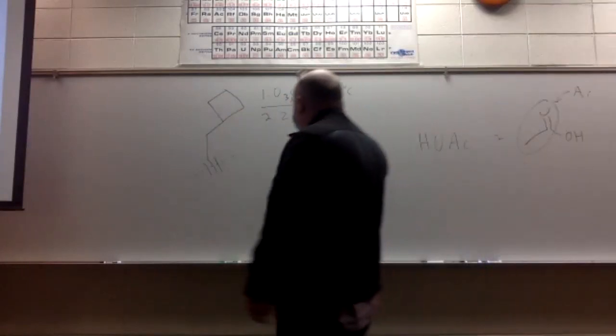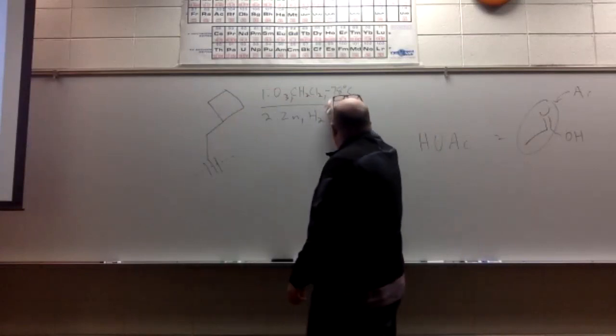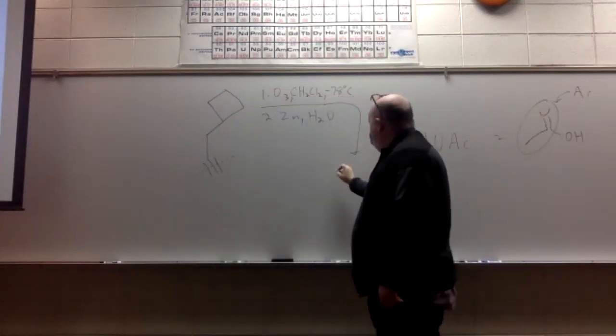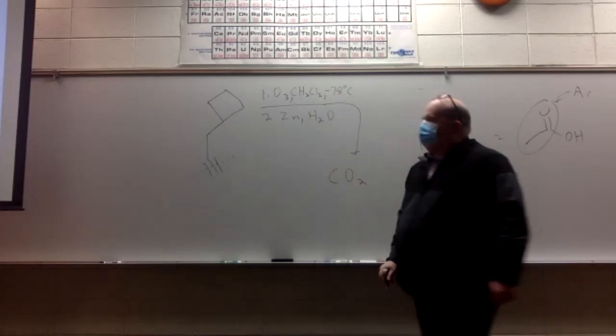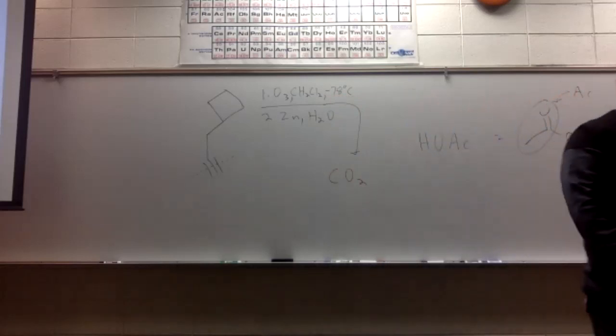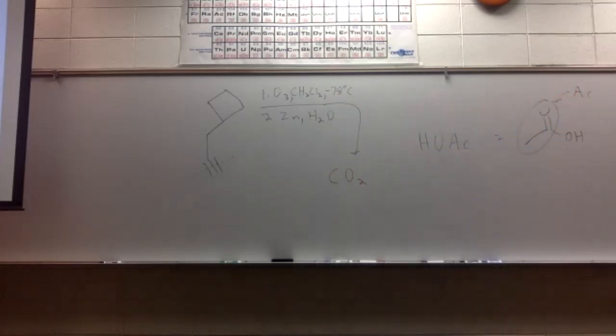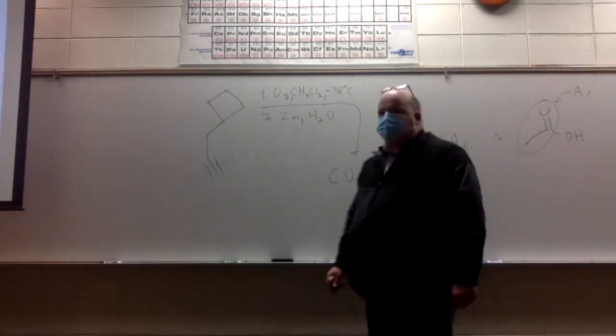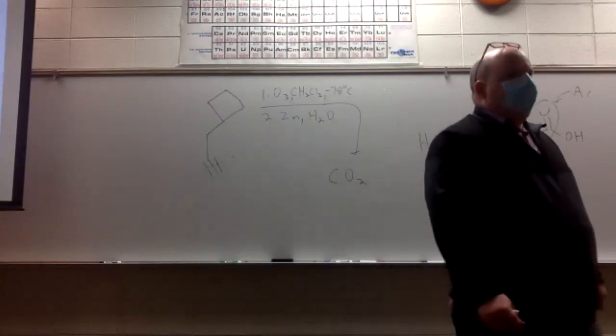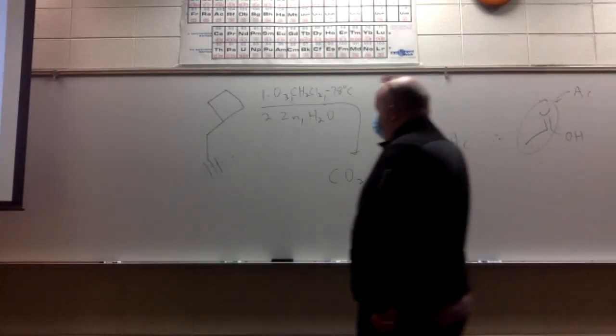The 1 carbon fragment, I'm going to swing the arrow down here, is going to be carbon dioxide, CO2. What does the other fragment turn into? It turns into a carboxylic acid.